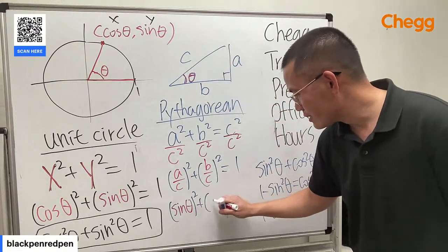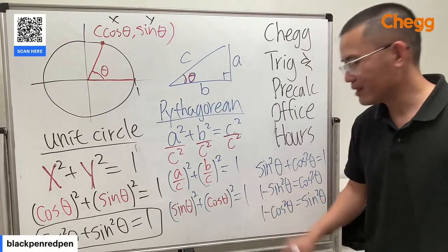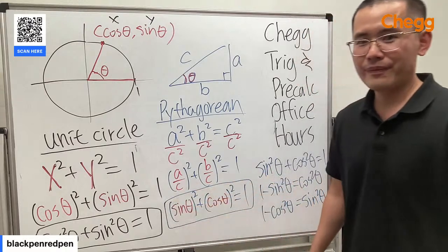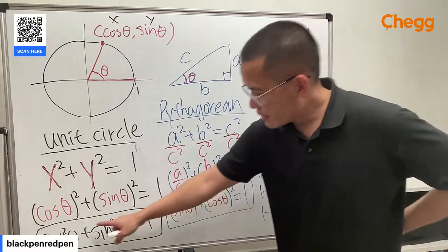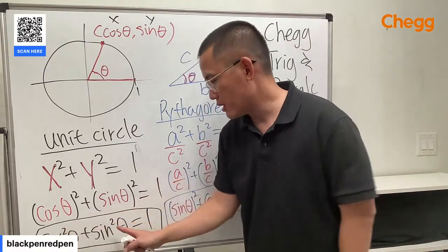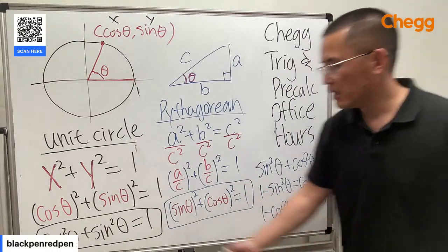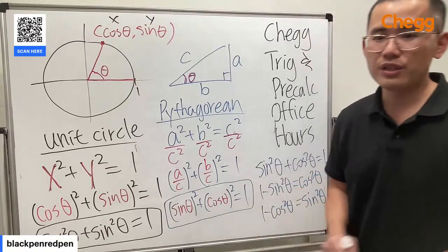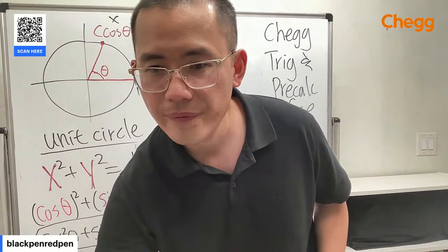So we have cosine theta and then squared, and this is equal to 1. Pythagorean identity. And now I want to mention that when you have the little 2 exponent here, this means you have cosine theta and then squared, and this means you have sine theta and then squared, right? It's just a notation that you have to really get used to.